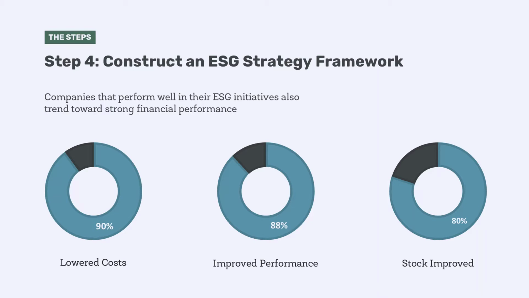According to a Harvard Business Review report that looked at 200 individual studies, they saw that 90% of organizations that maintain good ESG standards also saw lowered costs. 88% saw improved performance across their portfolios in terms of operations, and 80% showed that their stock price performance was positively correlated with good, continuous, sustainable practice.